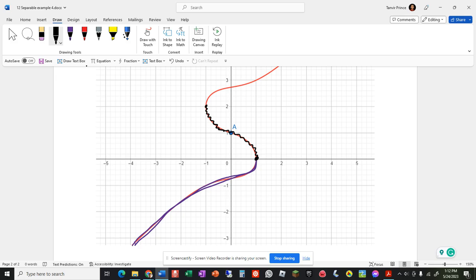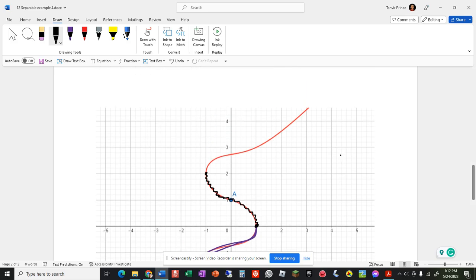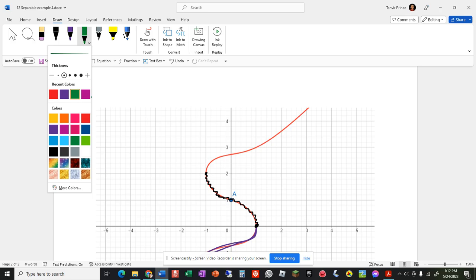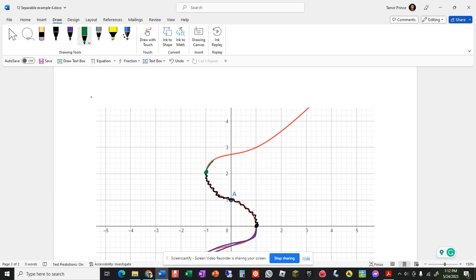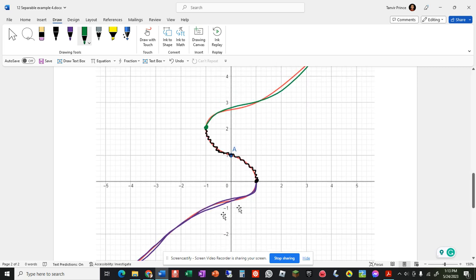And finally, the other branch, let me use a different color, maybe green, from here to here. So you can divide this implicit equation into three explicit functions. One, two, three. So you have three branches. Use this word, branches.